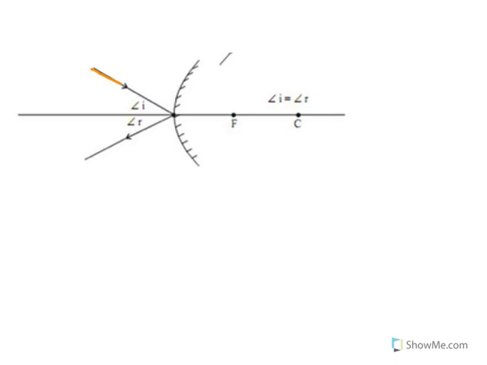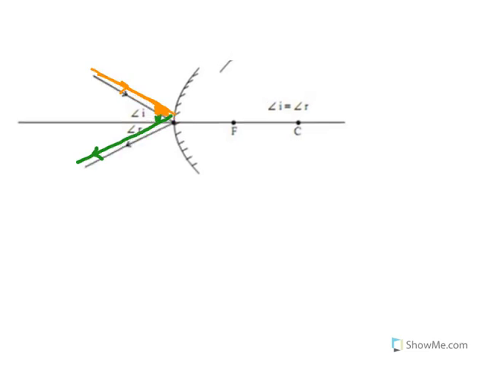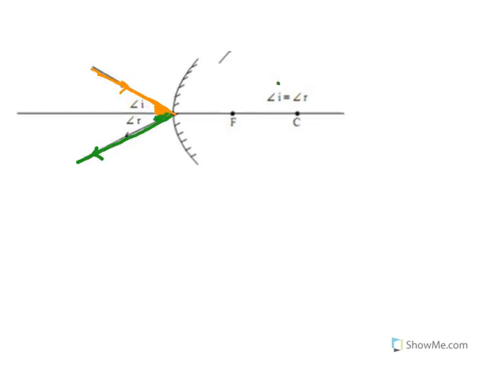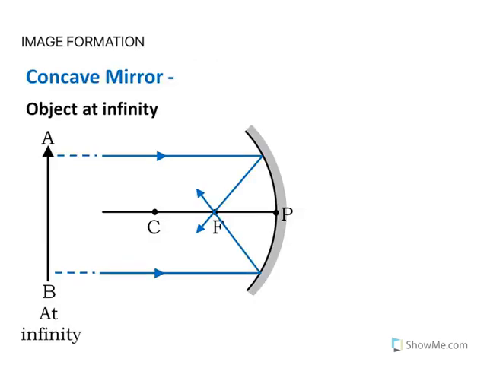Same thing for the convex mirror. If a ray is incident on the convex mirror, after reflection it will move away, but always the angle of incidence will be equal to the angle of reflection.